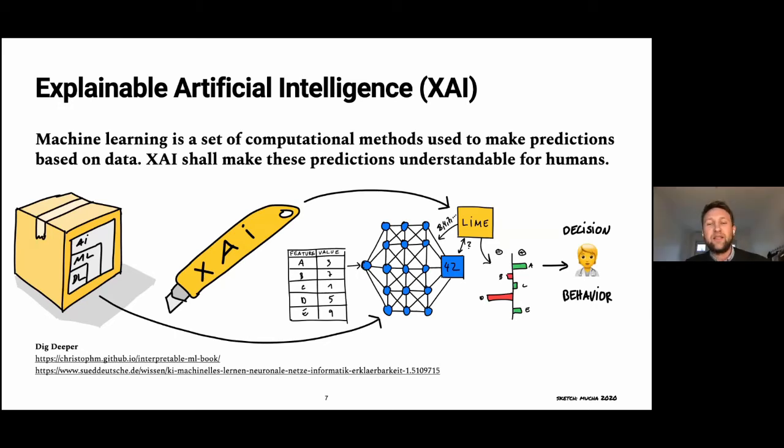And what LIME does, and again, this is super simplified as I'm not an ML guy, but a designer, is for this network, throw in random values for a given prediction problem, for example, and observe the outcome. And thus it can make a highly probable prediction of which attributes of the data set that went into it did contribute to the ML system's prediction and to what extent.